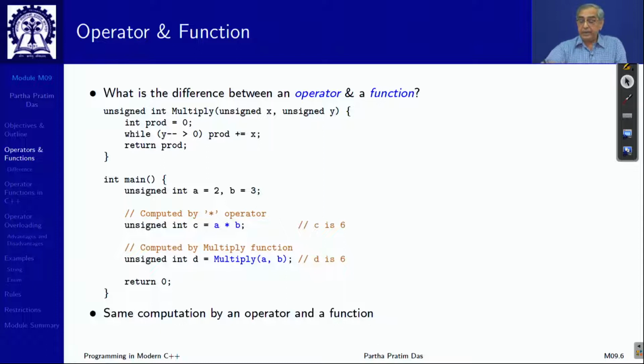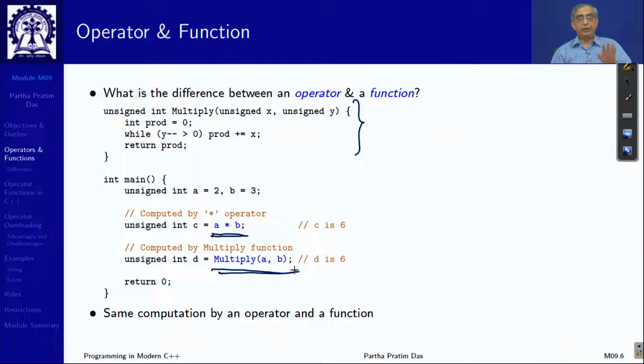So, here you can see an example. This is a function which, in a very rudimentary way, is trying to multiply x with y by adding x to the product y number of times, which is understandable. Now, this is multiplying by a function, and you know that there is a multiplication operator which does it by this. So, we have this operator, here we have the function.